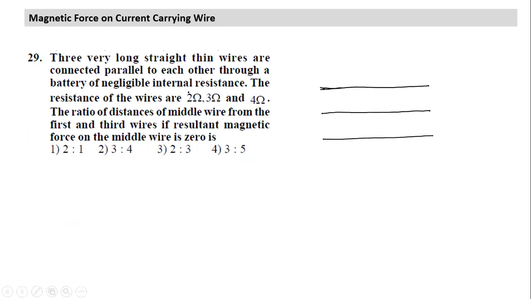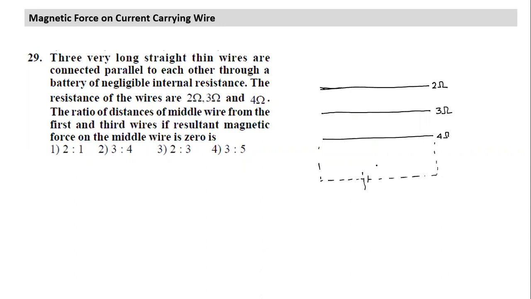They are parallel to each other, and the resistance of the first wire is 2 ohms, this one is 3 ohms, and this one is 4 ohms. All are connected to a battery, which I'm not showing, and the battery has zero internal resistance.